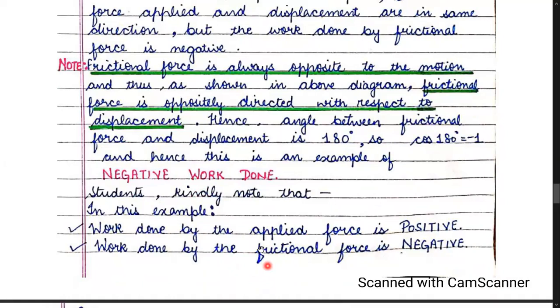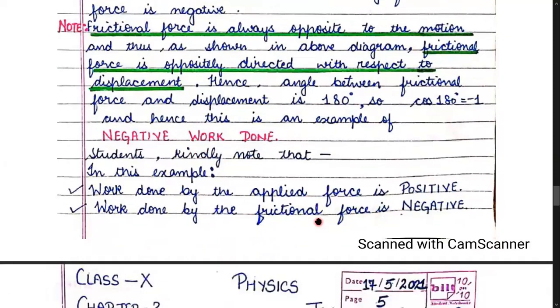Hence, the angle between frictional force and displacement is 180 degrees, and cos 180 is -1. Hence, this is an example of negative work done.